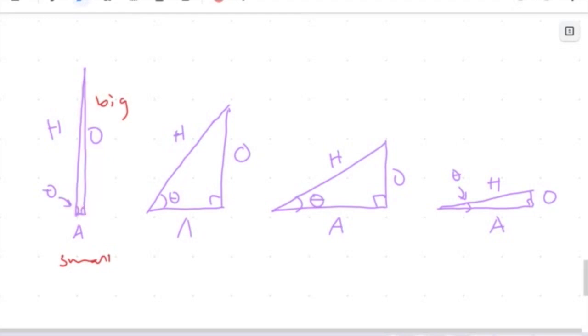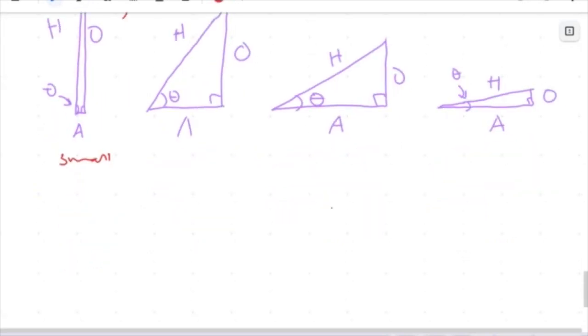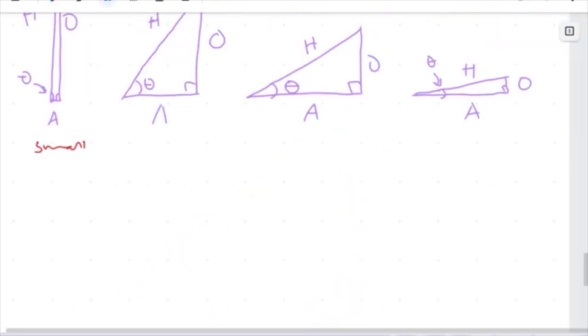We'll talk more about this in future videos when we look at similar triangles and how these ratios may or may not change as we make even bigger right angle triangles. But more on that in the next video.